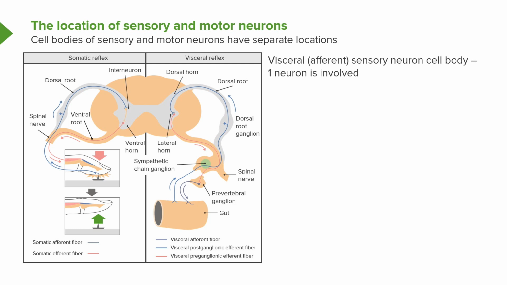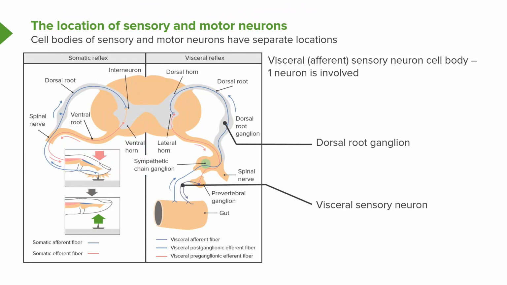Well, let's have a look at the visceral sensory neurons. Only one neuron is involved in this situation. Again, the dorsal root ganglion, shown here, houses sensory neurons. All sensory neurons are housed in these dorsal root ganglia, or in some ganglia in the head to do with sensory neurons going in with cranial nerves.